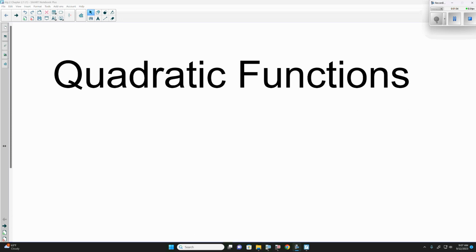You've seen quadratic functions before, because we talked about them a little bit in chapter 1. We're talking about x squared, f of x equals x squared. These are the types of functions we're going to be looking at.